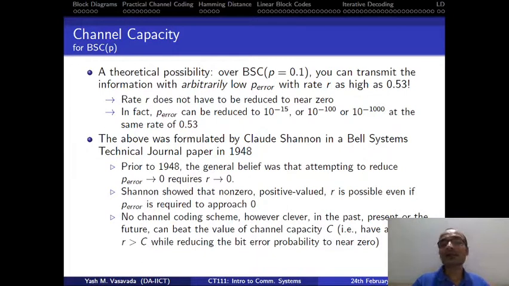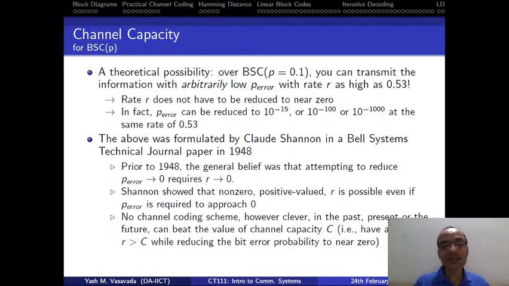The last remark that I would make is that this channel capacity bound C equal to 1 minus HB of P holds for the binary symmetric channel. By a similar argument, which we are not going to cover in CT 111, you can understand that argument by spending a little more effort.